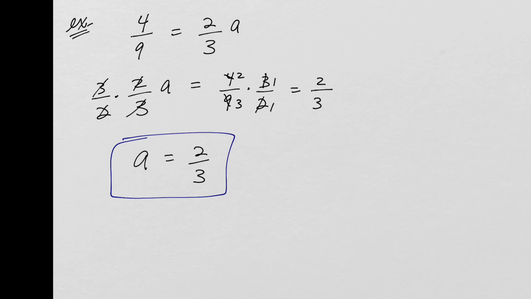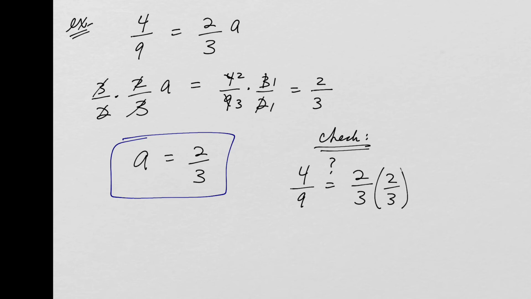Okay, can we check it? Sure, we could plug it back in, right? So let's do a little check here. Let me go to the original problem. I have 4/9 equals 2/3, and I'll put a question mark here because I'm checking it, times a, but we just found that a is equal to 2/3. Right? Hopefully.